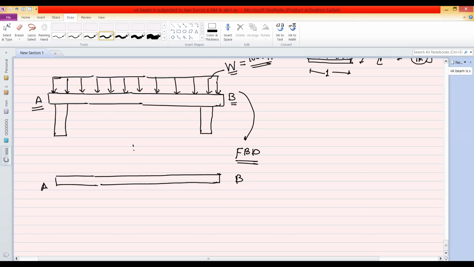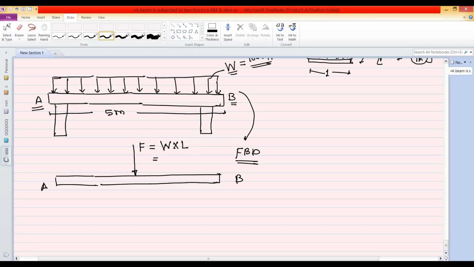So this point load will act exactly at the center of this beam AB. Suppose the beam AB, its length is 5 meter. So the point load F, which is because of the UDL, is given by intensity into this span L.